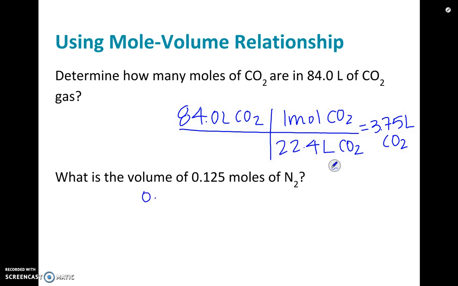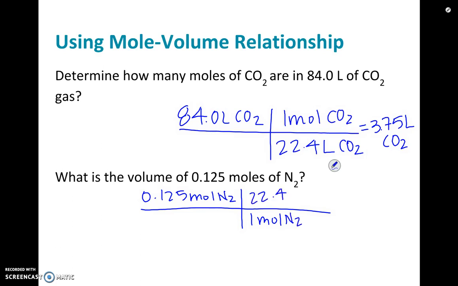So if we start with 0.125 moles of N2 nitrogen gas, and then we have 1 mole of nitrogen is equal to 22.4 liters of nitrogen. We can simply multiply across the top to get our volume of our gas. So it would be occupying 2.8 liters of nitrogen gas.